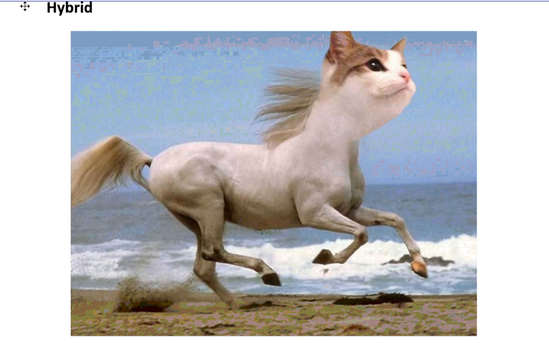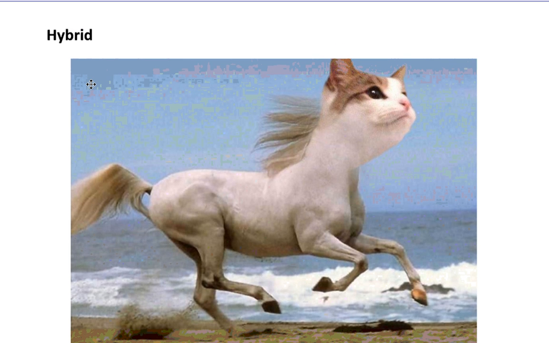Now, we're not talking about mixing horses with cats or anything like that, but about mixing a white flower with a purple flower, or a tall plant with a short plant, in order to create a hybrid, which is a cross between two genetically dissimilar organisms.